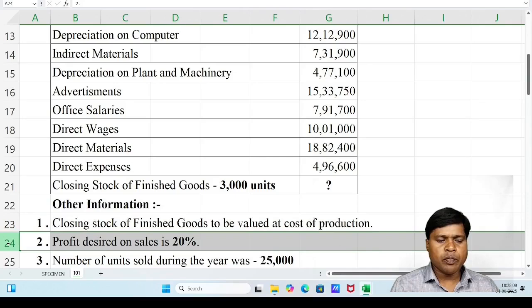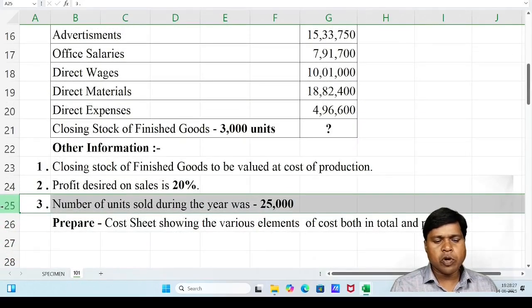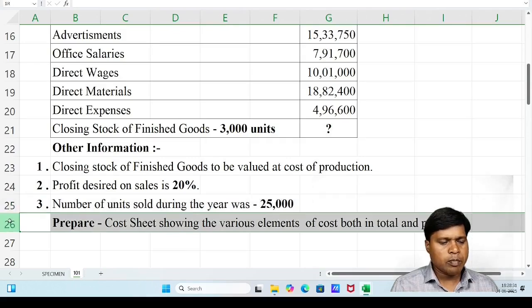Second, profit desired on sales is 20%. Desired means expected profit on selling price. Then number 3, number of units sold during the year was 25,000 units. Prepare cost sheet showing the various elements of cost both in total and per unit.